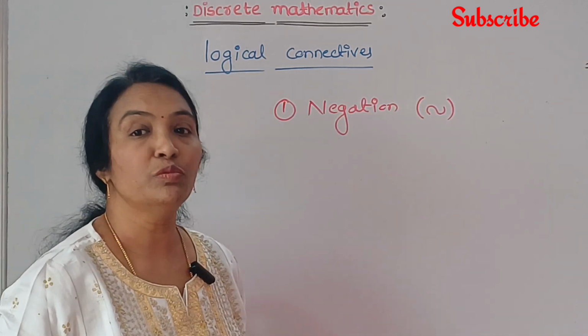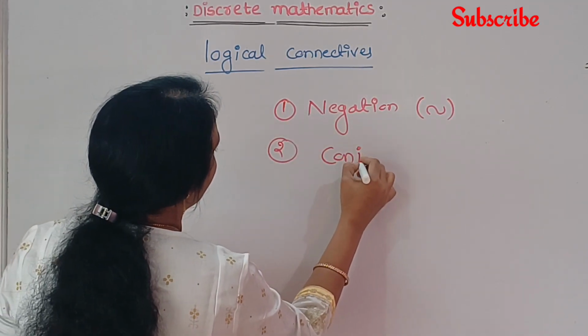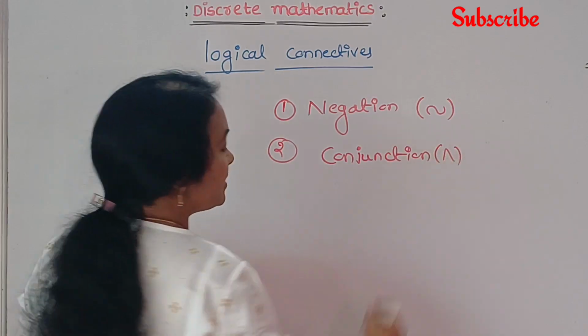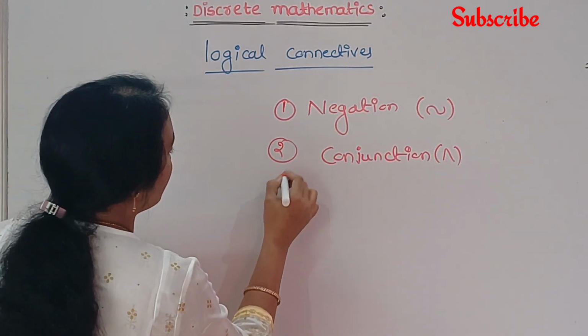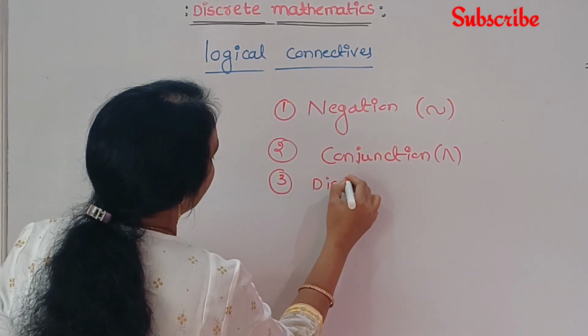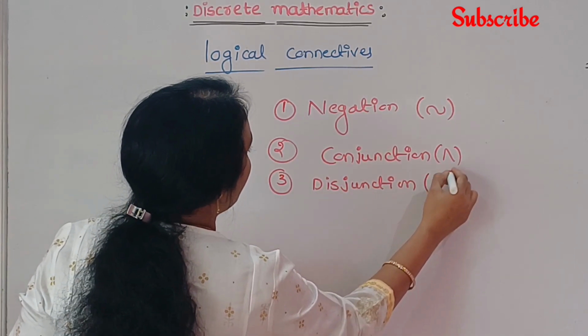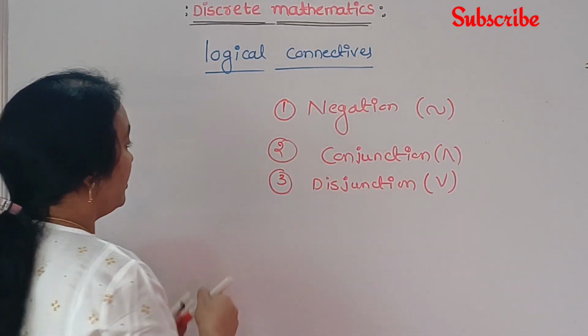And the next one is the conjunction. The symbol is like this. And the next one is the disjunction. The symbol is like this. And the fourth one is the conditional.